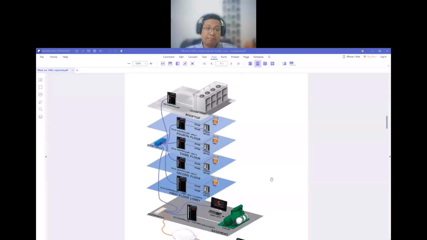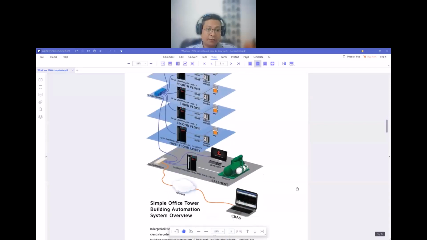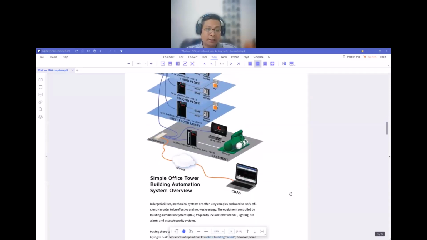Maybe some parts are focused on devices like the server, and then maybe lab, maybe office. So every stage or level can be designed with a certain condition. That is how we control the system.